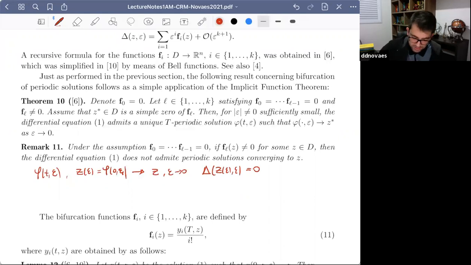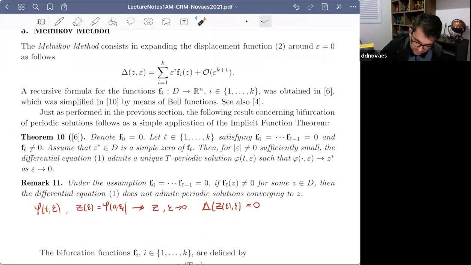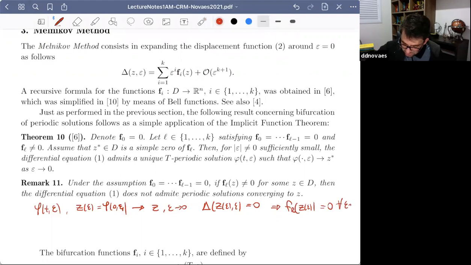Okay, so when I look at the expression, the Taylor series of the displacement function, I know that since it's true for every epsilon, the coefficients also have to be 0. Then it implies that fl of z epsilon is 0 for epsilon small.